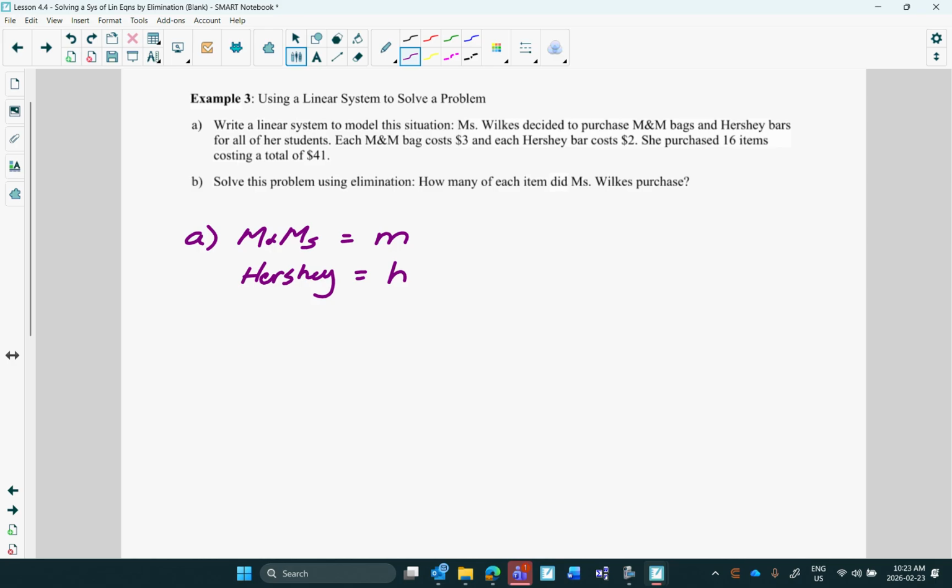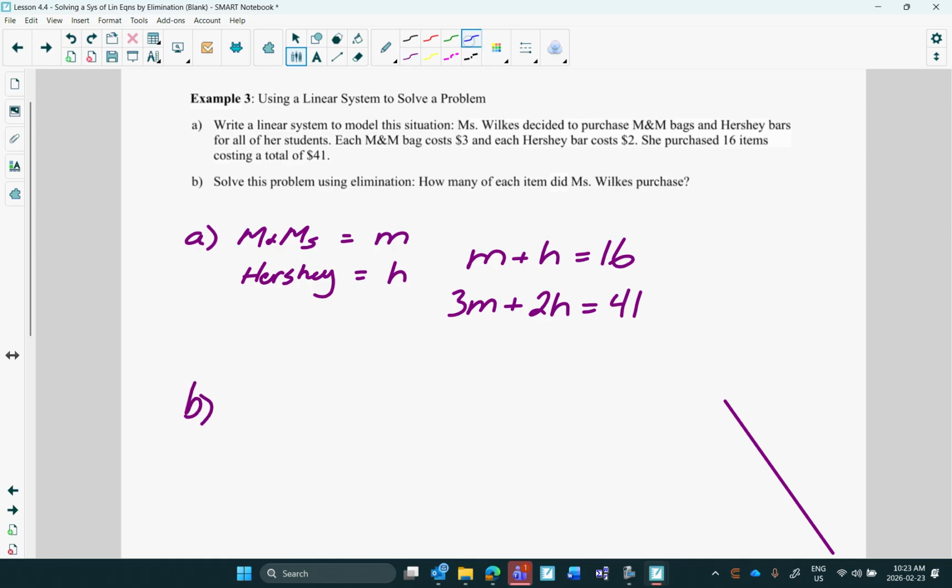M plus H equals 16, and 3M plus 2H equals 41. There we go. So that takes care of part A.